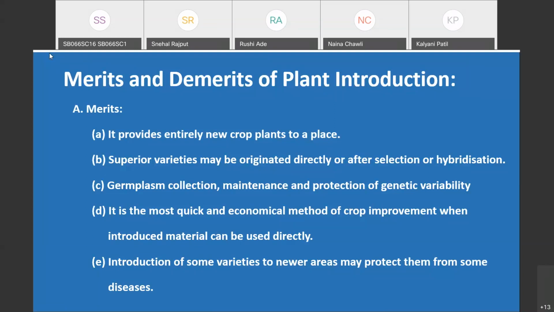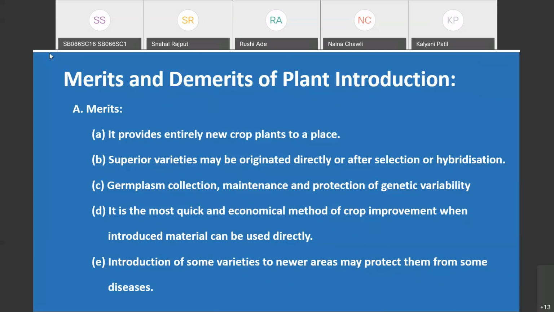Then the next one: the introduction of some varieties to newer areas may protect them from certain diseases. For example, in America, the coffee plant was attacked by a disease called leaf rust, and the coffee plants in America were destroyed, so they introduced the coffee plant into Sri Lanka.